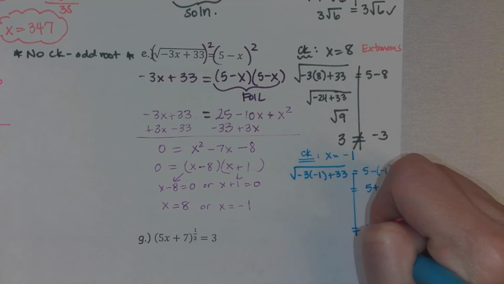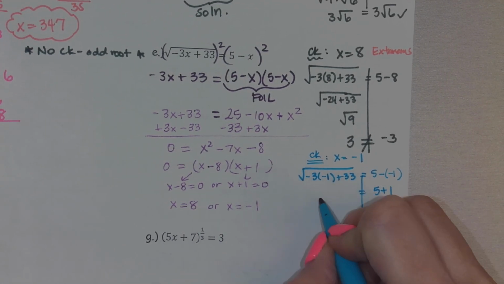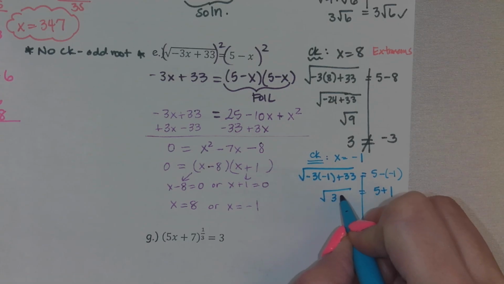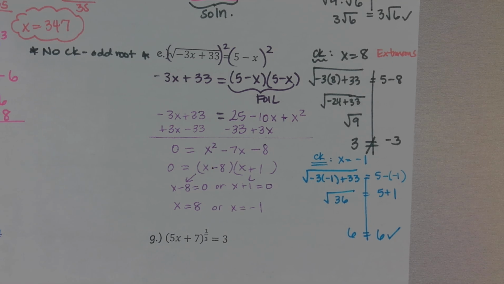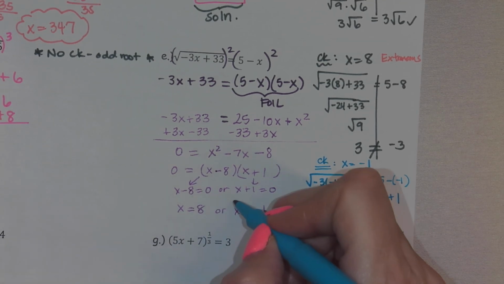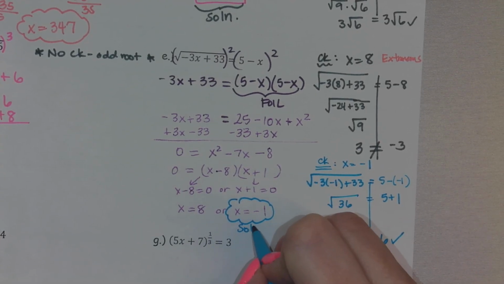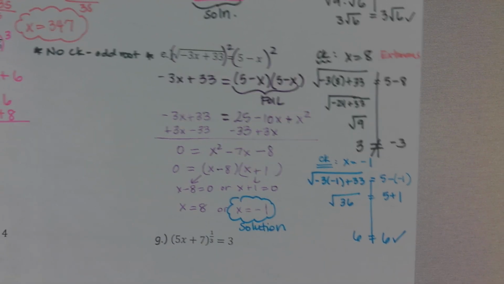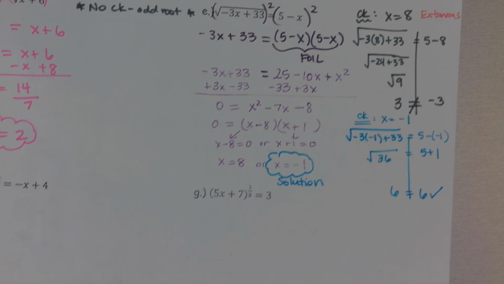So 5 plus 1 is going to be 6. So we have to see if that turns out to be 6. A negative times a negative is a positive. So you get root 36. Okay, this is your only solution. X equals -1. Okay, any questions?